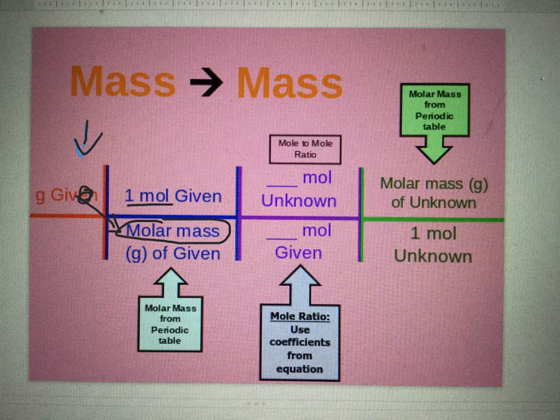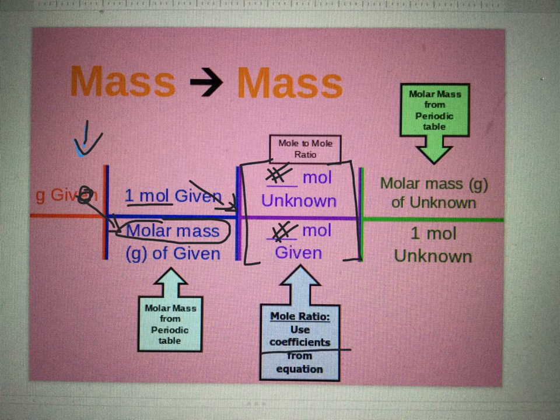Now, whatever this mole is, whatever that unit is, goes to the bottom. Anytime you have that mole to mole, these numbers come from the coefficients in the equation that they give you. Okay? And instead of stopping at the mole, you're going to get rid of the mole unit, and you're going to get that molar mass.